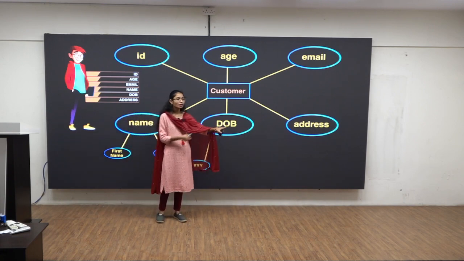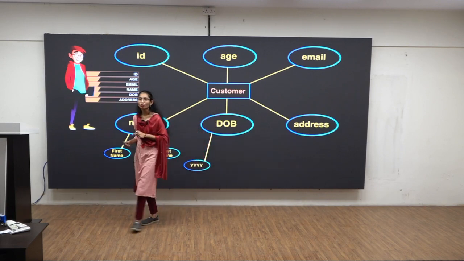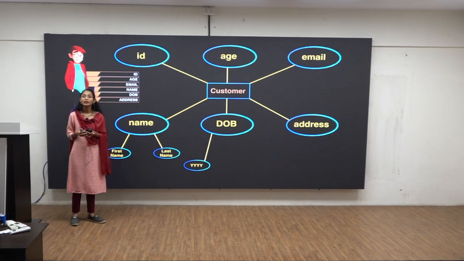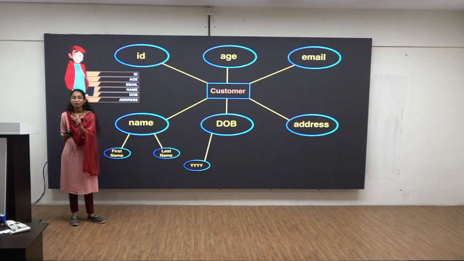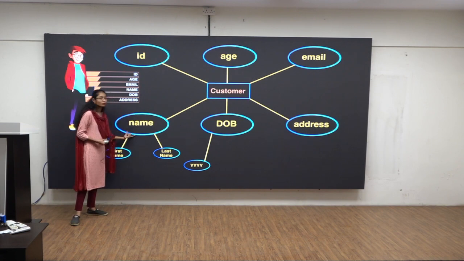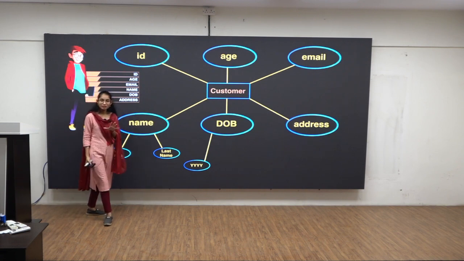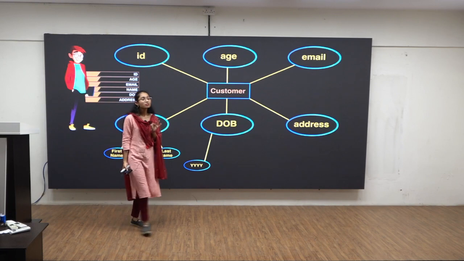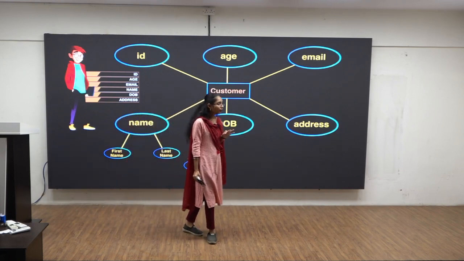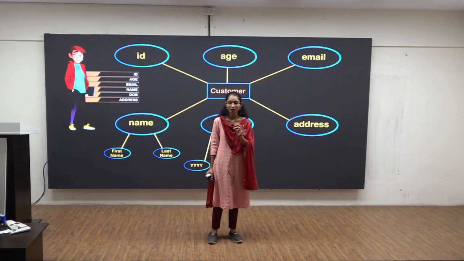And even address, whatever we have, we can change that to city, pin code; we can divide. We can divide these particular attributes. Understand? We have certain attributes that we can divide further.